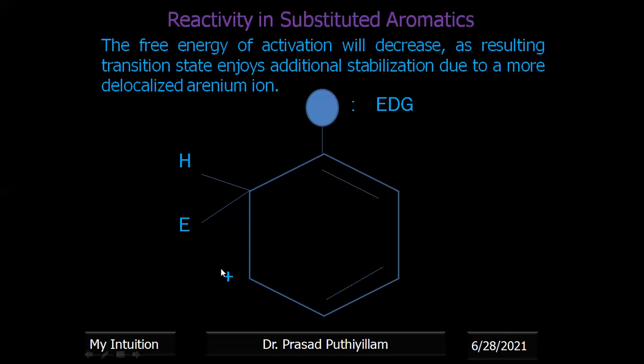Whenever it gets a positive charge, then the next pi electron will start weakening. That pi electron starts moving towards it, giving electron density towards that positive charge center. That is represented here with the dotted line, and that positive charge diminishes, becoming a partial positive charge.